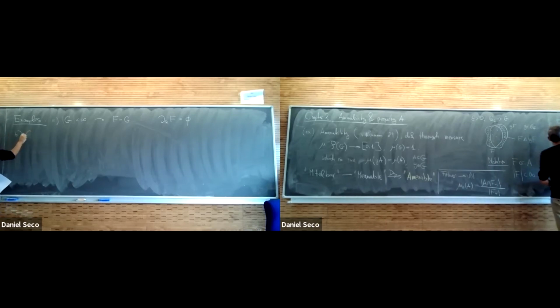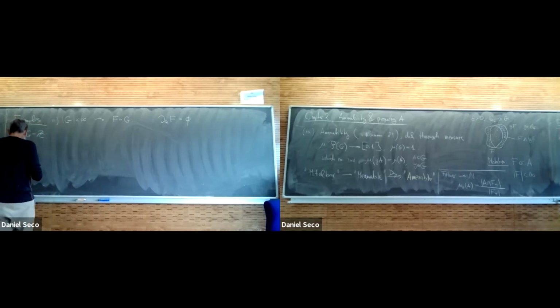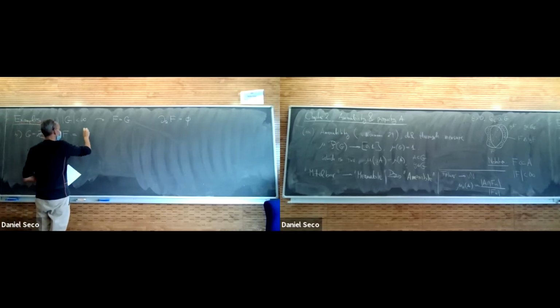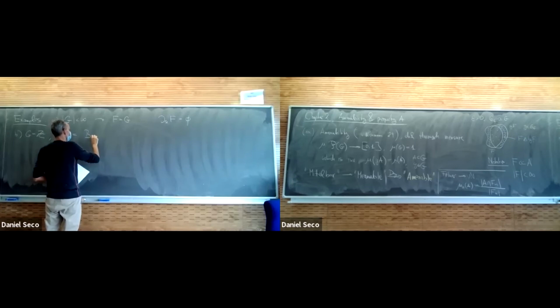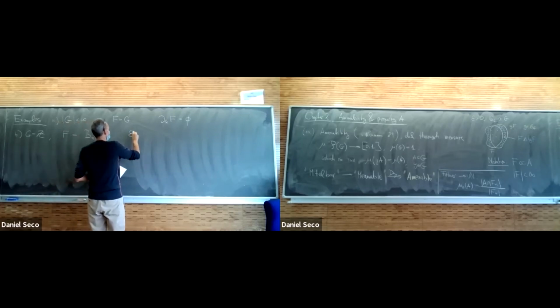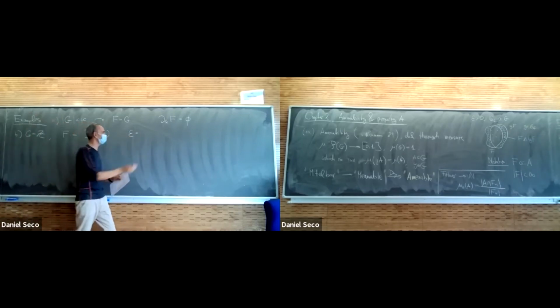Okay, if G is Z, then check that the balls are Følner sets. Given epsilon positive, you can always think that epsilon is 1 over n.